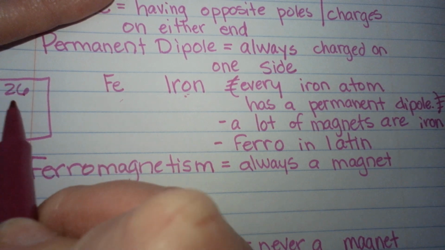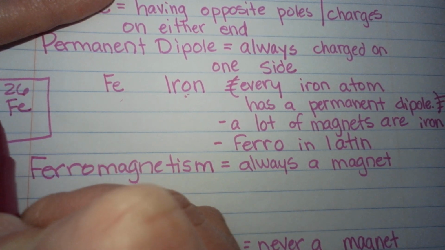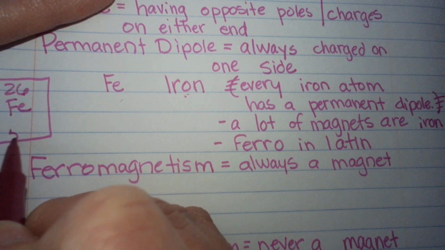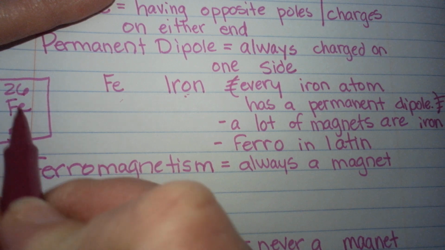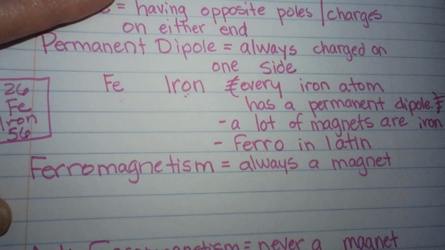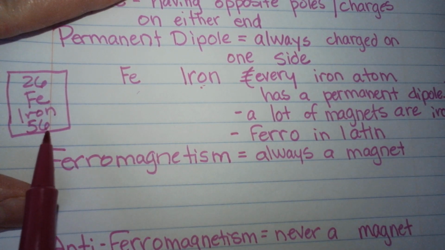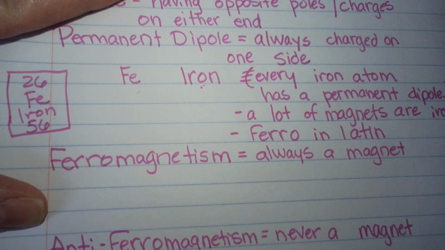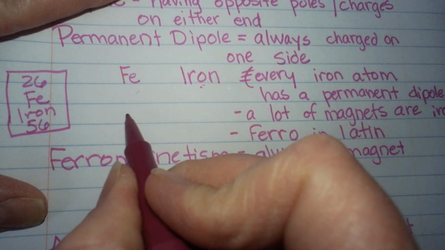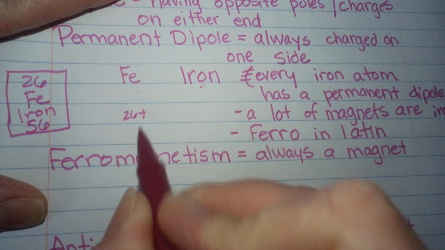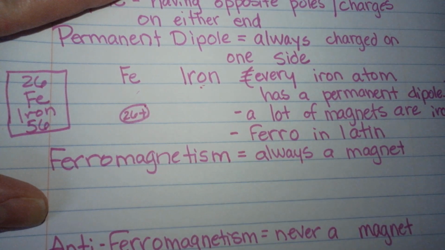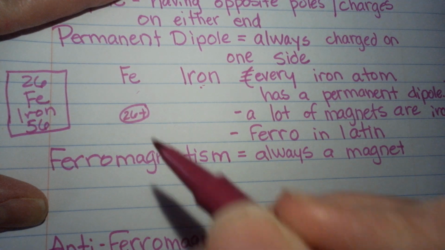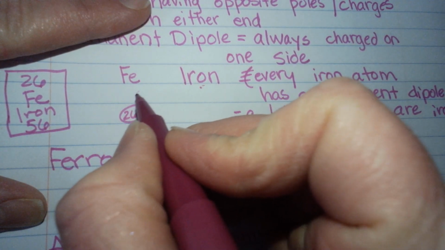We had a bell ringer question of this earlier. Okay, so if it has 26 protons, okay, and it has 26 positives in the center, how many electrons does it have?